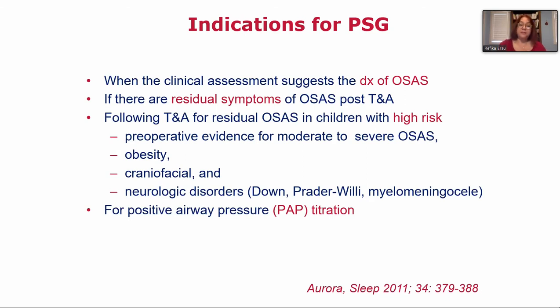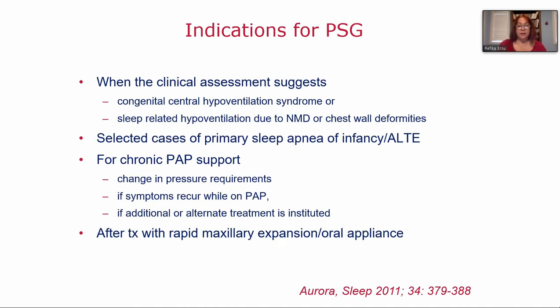Then for positive airway pressure titration, especially in the beginning, it's helpful to titrate and help the children to tolerate it better without using lots of pressure. If the clinical assessment suggests congenital central hypoventilation syndrome, that's the diagnostic method we use initially.